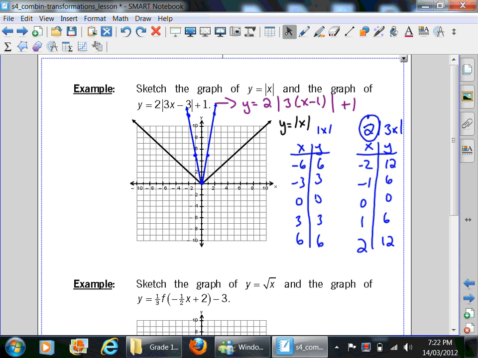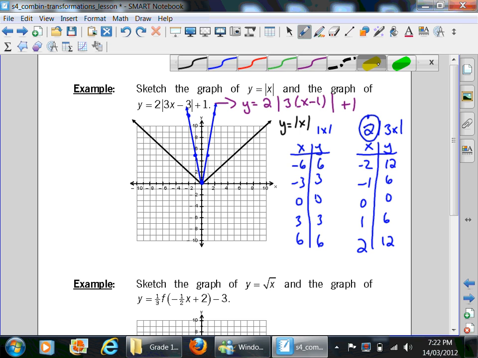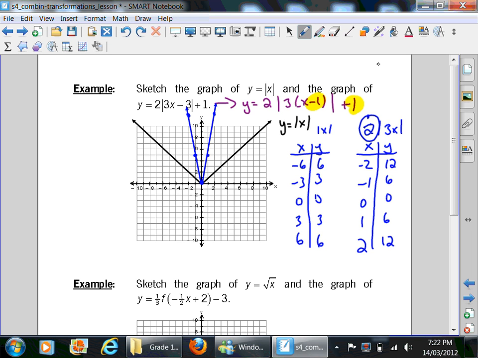Okay, so there's our 2 times the absolute value of 3x. So now what we need to do is take this and translate it right 1, up 1. So I need to take my function, and I can cheat.